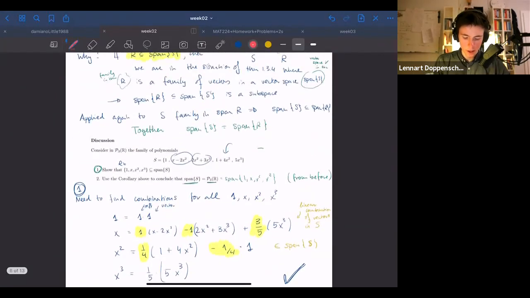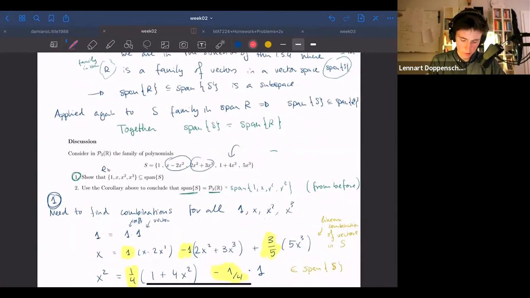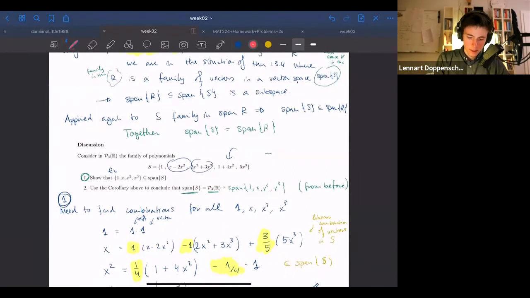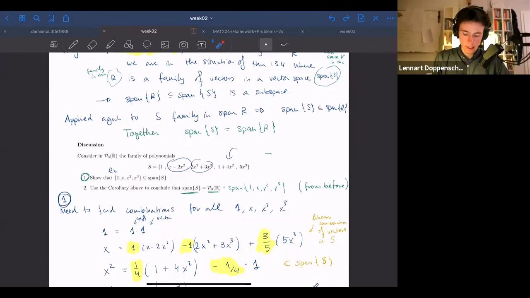Yes, so this discussion here. If you forget about all these annotations, then what this said was that the vector space P3R is spanned by the monomials 1, x, x squared, and x to the 3. But what we've shown in this discussion here is that the span of this other family of vectors is also equal to P3R.